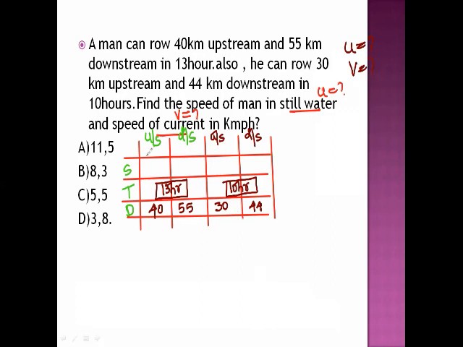Now I have to build the equations. You know that on the upstream side, the relative velocity will be U minus V, and on the downstream side, the relative velocity is U plus V. Now for simplification, as we did in the previous problem, I'm writing the relative speed U minus V as 1 by A, and U plus V as 1 by B. Suppose I call these times t1 and t2.